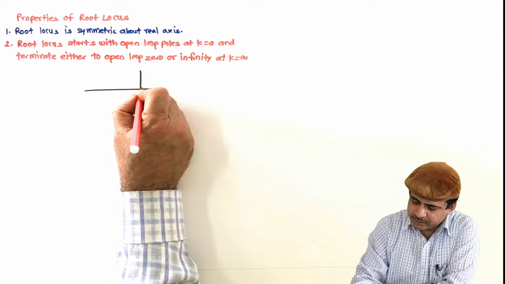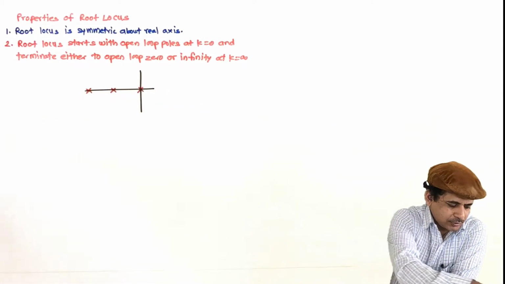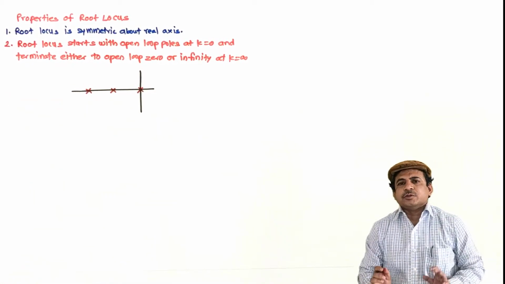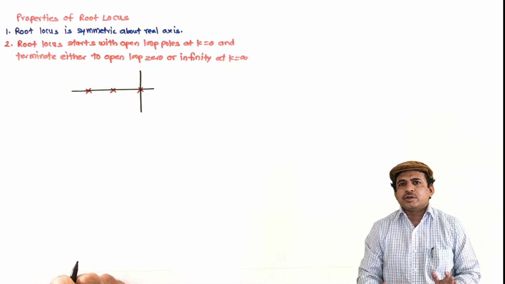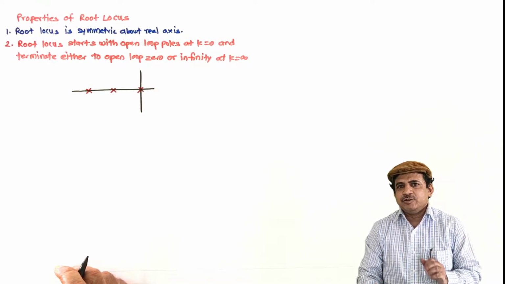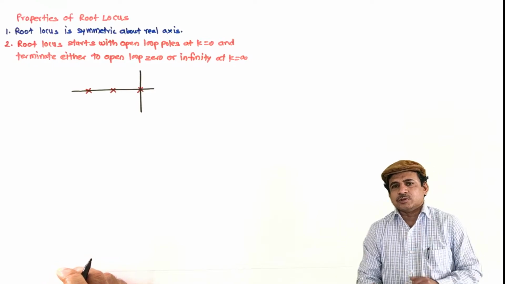the root locus say starts with these 3 poles, so always the number of branches of root locus is equal to the number of open loop poles. And one more important thing is that though root locus is a locus of closed loop poles, it uses the open loop transfer function to sketch the locus of closed loop poles.